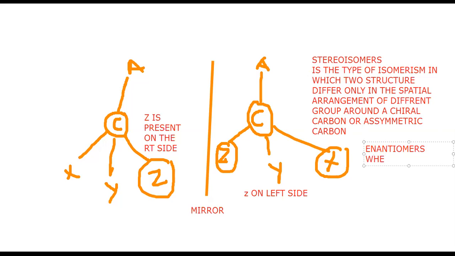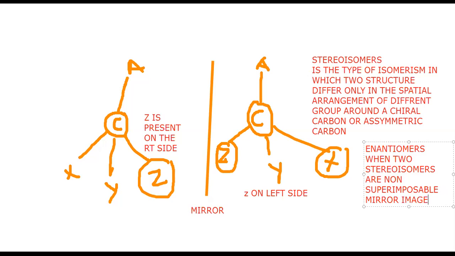When two stereoisomers are non-superimposable mirror images, such types of stereoisomers are known as enantiomers.